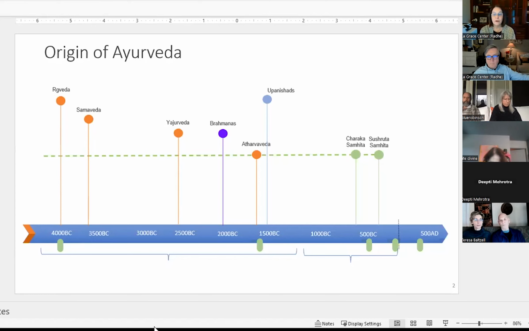So it's a very, very ancient modality that clearly changes and modifies with time, and even continues today to change and modify. So let's see how the language and symbols that are used by Ayurveda are the same as those in creation.